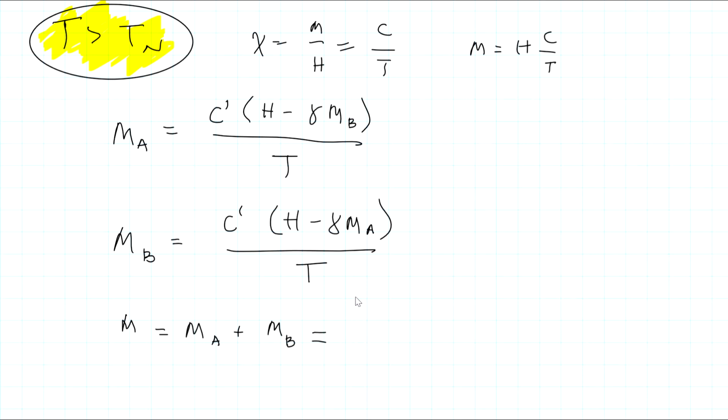That would be C prime over T, so here we'll have twice H minus gamma times M_A plus M_B.